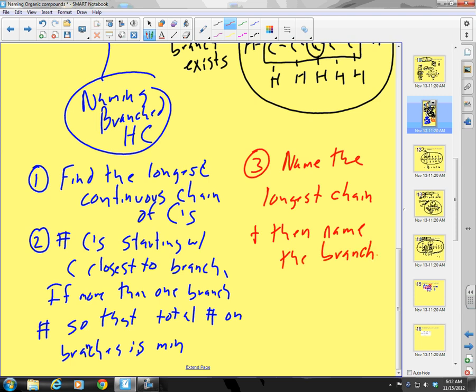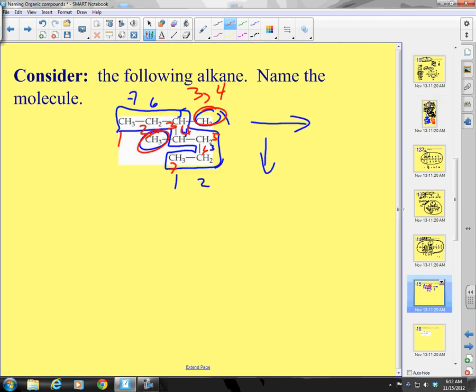Name the branch or branches. Use di, tri if more than one of same branch. Okay, this is not a very clean process. I understand that, but I hope you're gaining enough ideas to be able to do this.